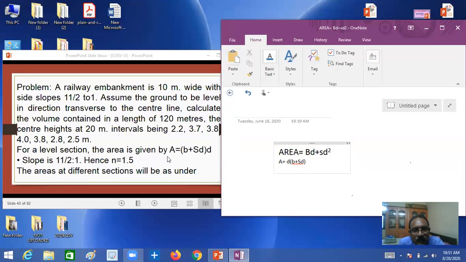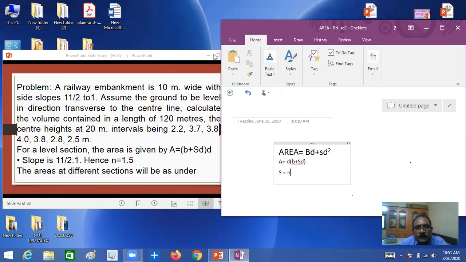Here N or S are both the same; in this problem, it is given as small n. This is the equation to calculate the area of the cross section.